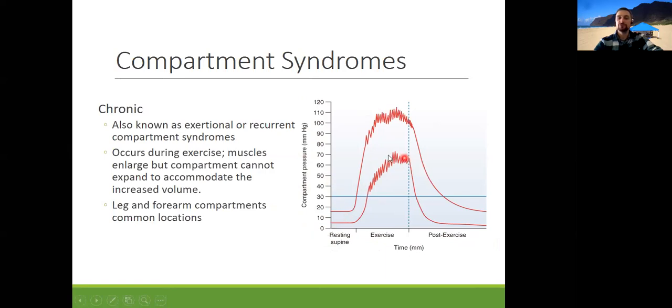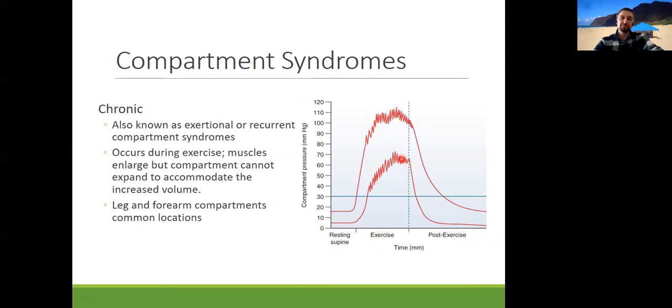So one person goes for a run, they get an increase of pressure because there's increased blood flow to the area. Right? So as you begin to exercise, there's more blood flow because the muscles need more oxygen. You're trying to clear the waste and the hydrogen ions that are accumulating from ATP use, electron transport chain, right? You guys remember that.